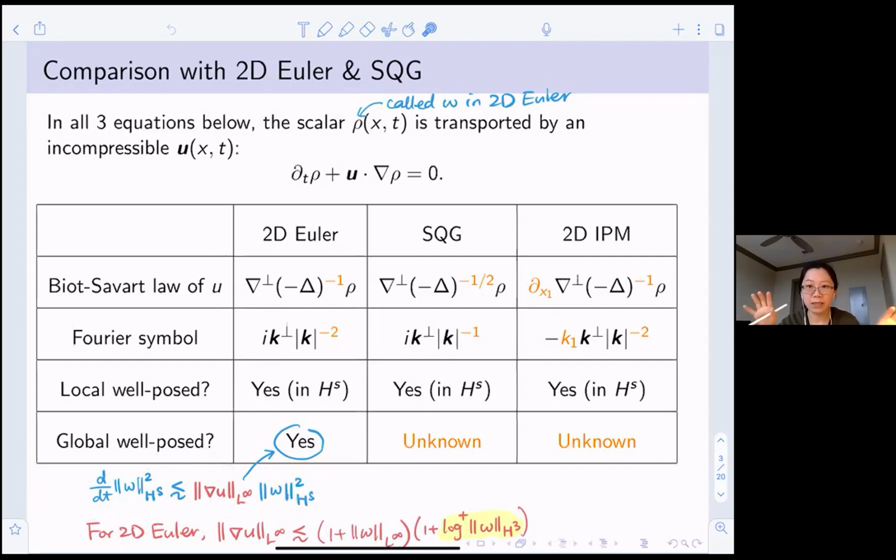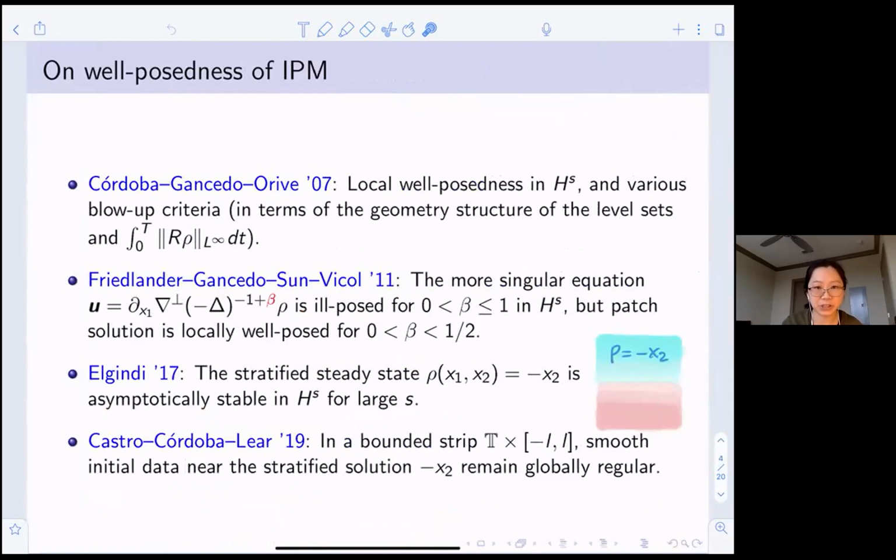Actually, they are related to each other by a singular integral operator. So in that sense, we can't exactly say that its L infinity norm is directly bounded by the L infinity norm of omega, but this is almost the case. There is just a slight difference of a log. And this extra log guarantees that this H^s norm will remain finite for all time for the 2D Euler. However, as soon as the Biot-Savart law gets a little bit more singular than that, it is an open question. So that is the comparison for these three equations.